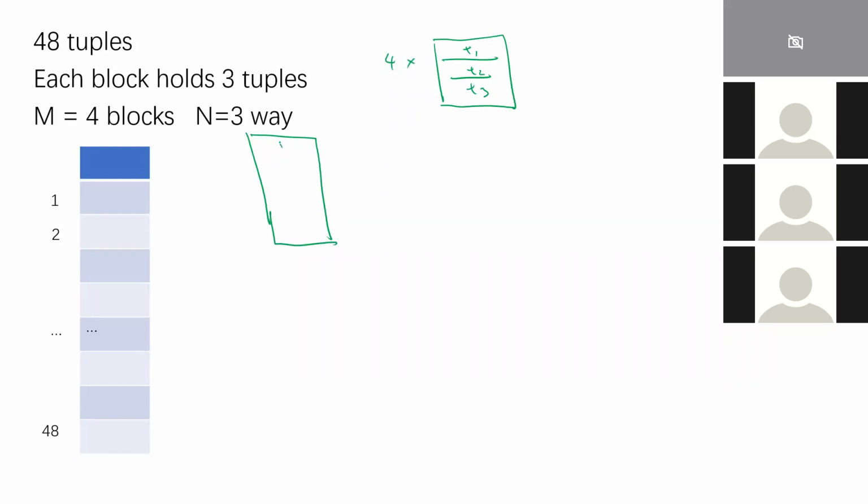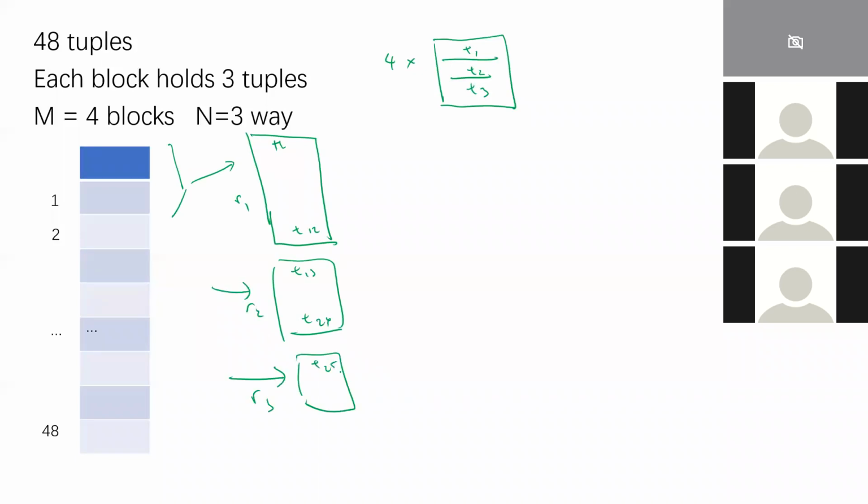So it will be tuple 1 to tuple 12 for my run 1. Run 2 will be tuple 13 to tuple 24. Run 3 will be tuple 25 to 36, and run 4 will be 37 to 48.